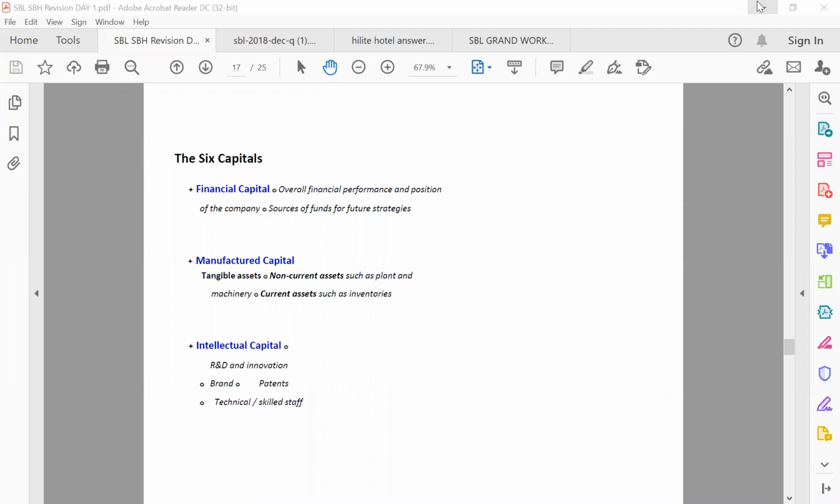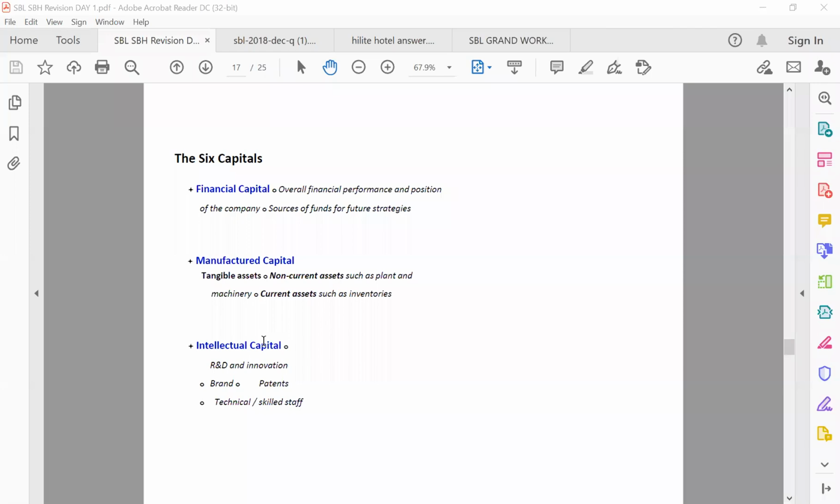And why do we include current assets in manufactured capital? Because the inventories, that is the closing inventories left at the end of the period, are also part of the manufactured capital, right?